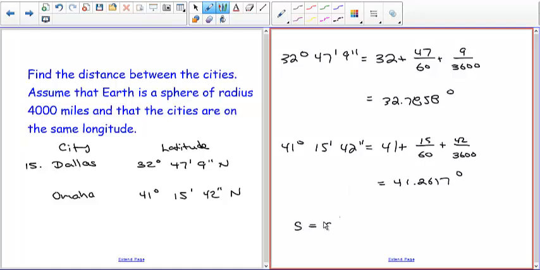radius times the angle which we go through. So the radius is 4,000 miles, and the difference is 41.2617 and 32.7858.